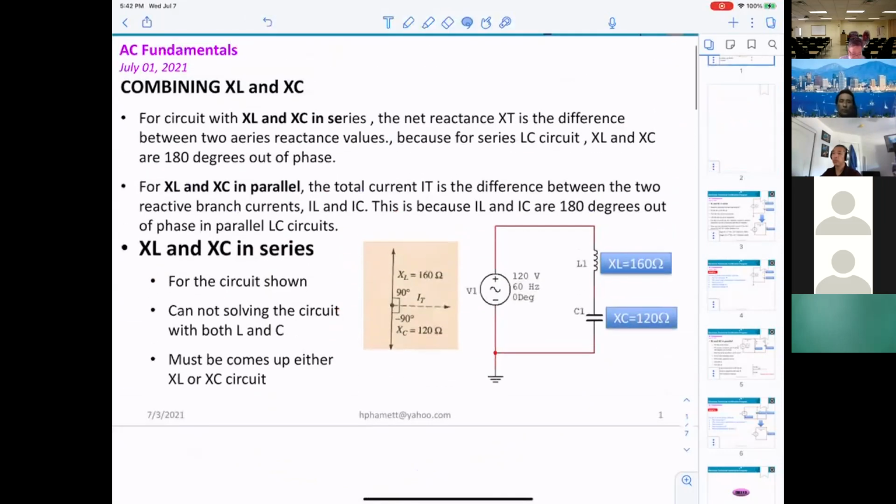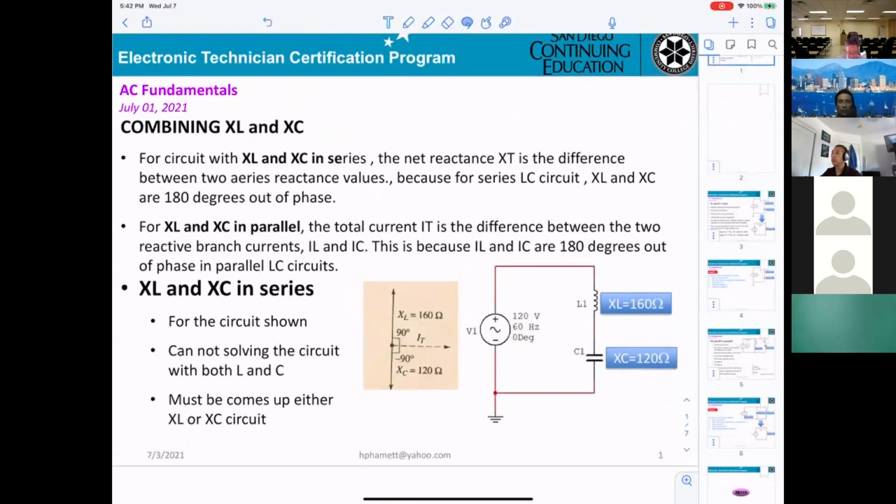Now, if they combine L and C, they say for the circuit with XL and XC in series, the net reactance XT is the difference between the two series reactance values, because for a series LC circuit, XL and XC are 180 degrees out of phase.